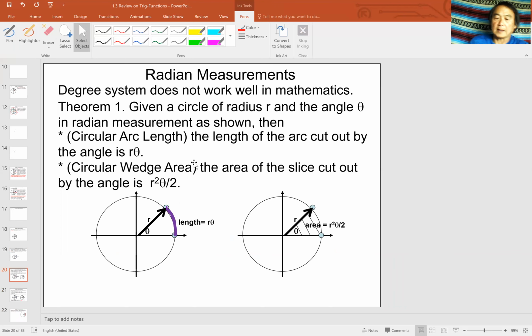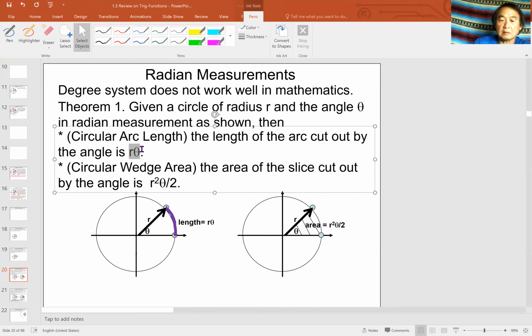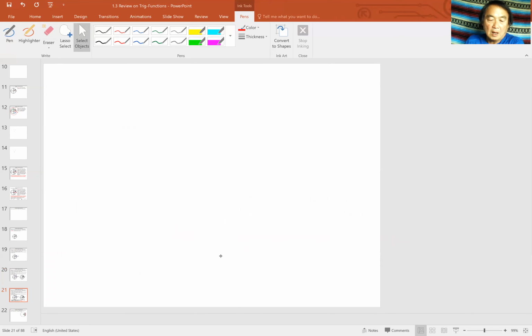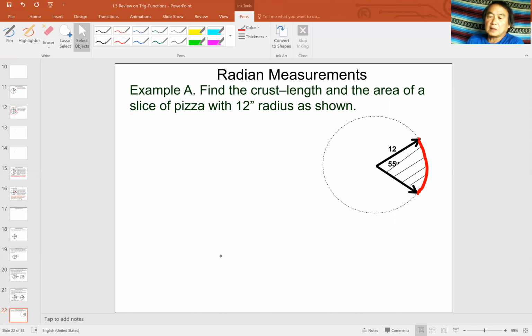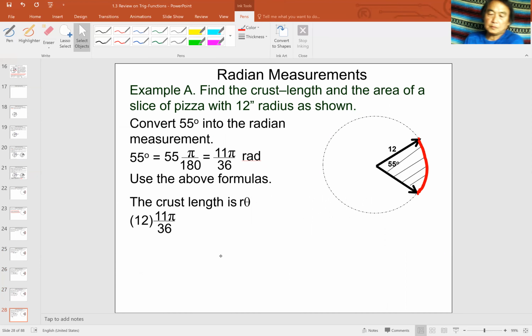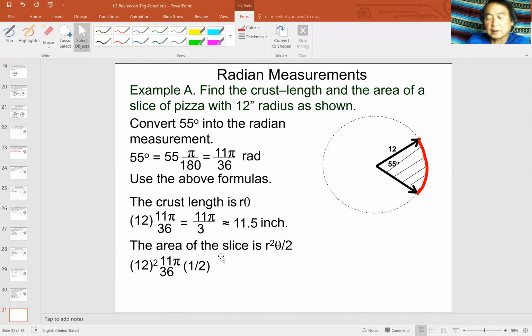One is for arc length. Arc length is r times theta, where r is the radius. The theta has to be in radian measurement. And here's the area, same thing, in radian measurement. So if a problem is given in degrees, the point is you need to convert to radians, then go to the calculation and plug it into the formula.